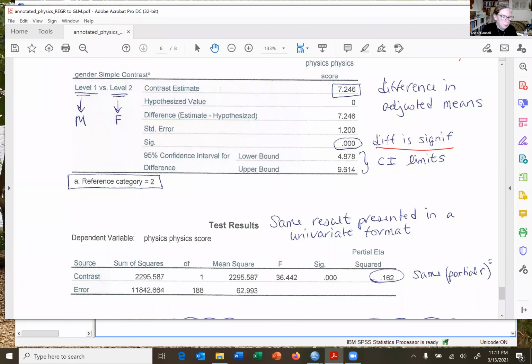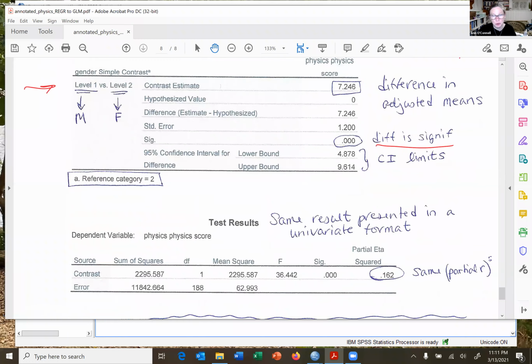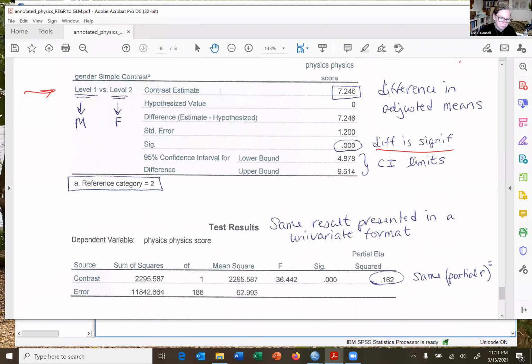Oh, we were talking about the difference in the levels between males and females. You can see that number 7.246 again. This is just testing the difference in those adjusted means. Remember that the raw mean was about 12 point something that we saw at the beginning of this section of the printout. We also get confidence interval limits for our difference between males and females.